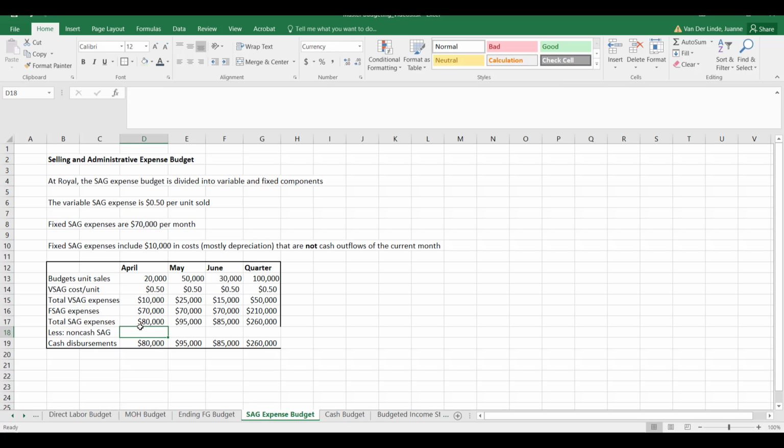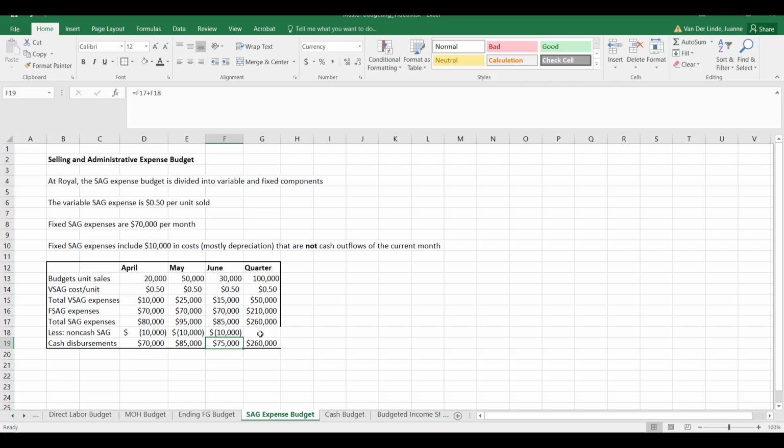So if we know the total SAG expense for April is $80,000, we need to subtract the $10,000 of non-cash costs to find out that, okay, of the 80, only 70,000 will require a cash disbursement, a cash outflow. We'll do the same for May, and then the same for June to find out how much cash we need to disburse in each of those months.